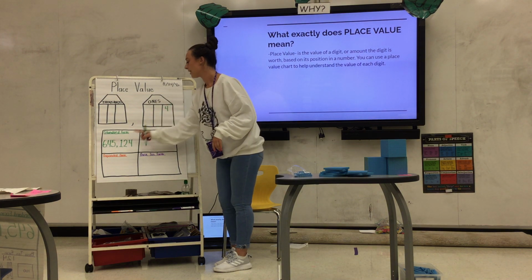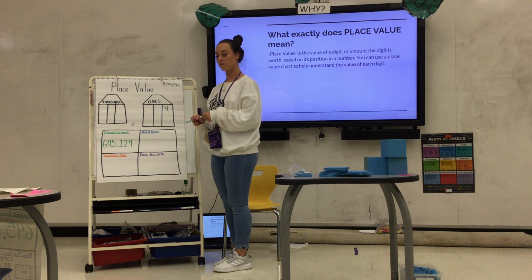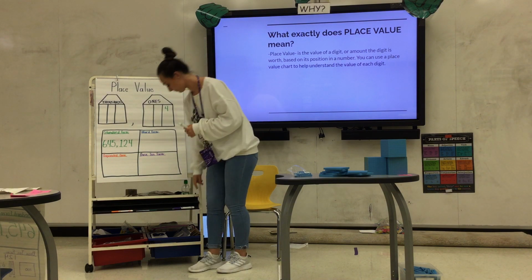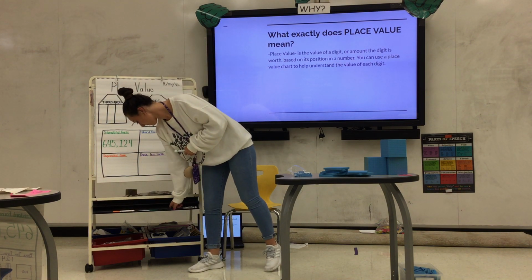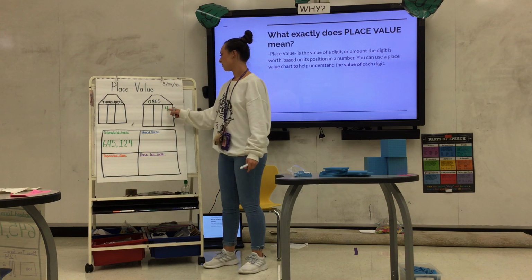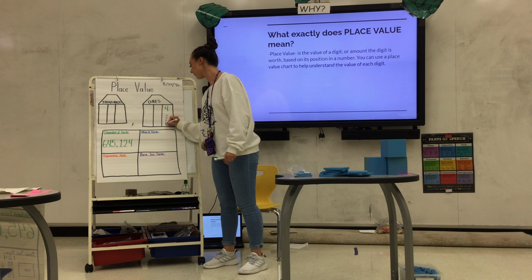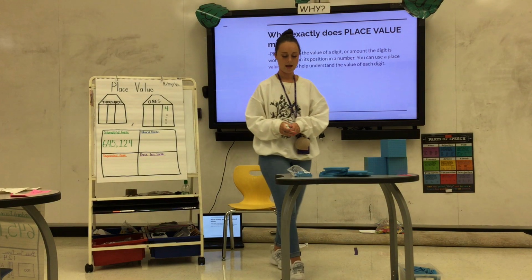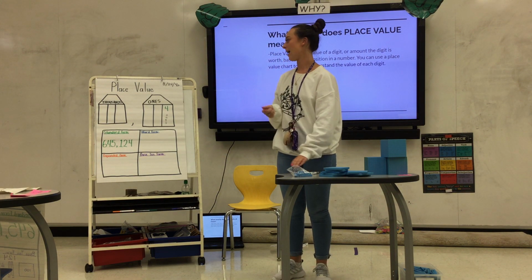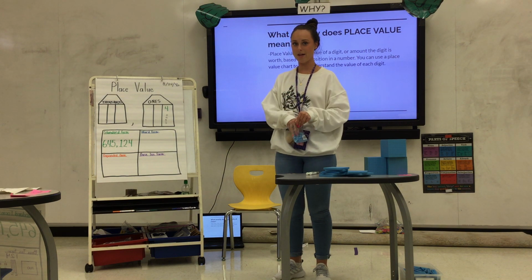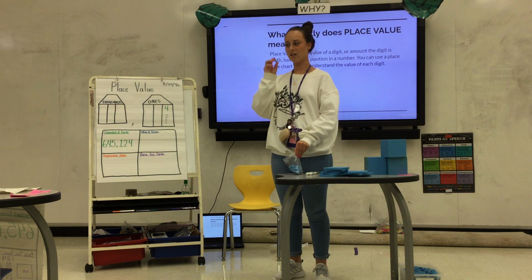This 4 is in my ones place. Okay, so if this 4 is in my ones place value, I think to myself, how many ones am I going to have? Am I just going to have 1?